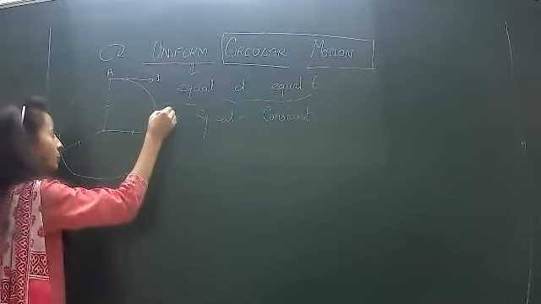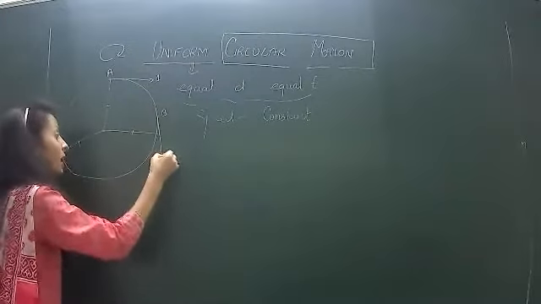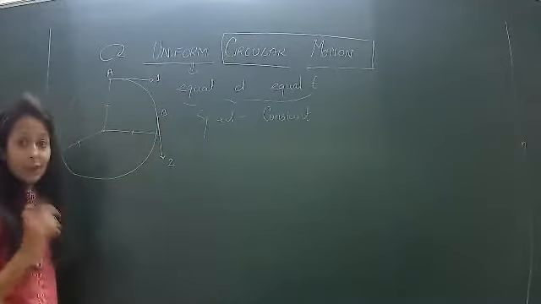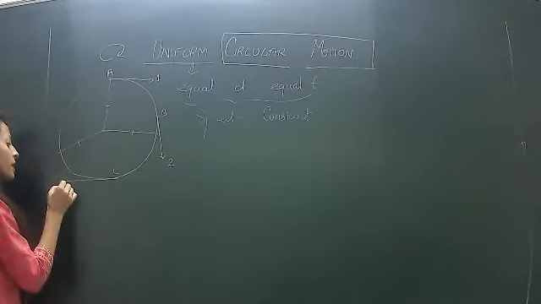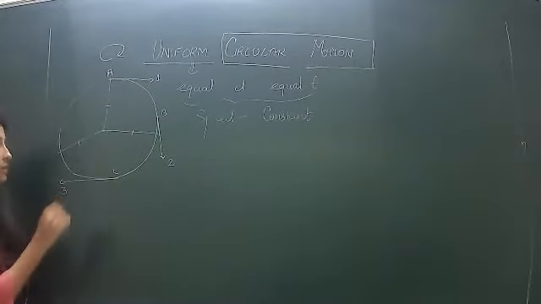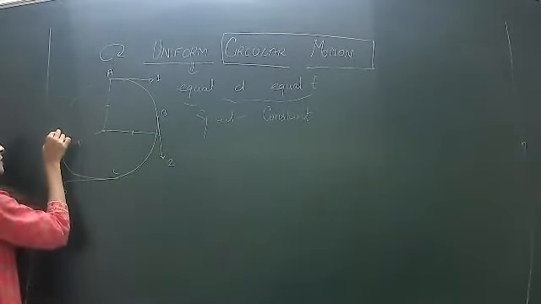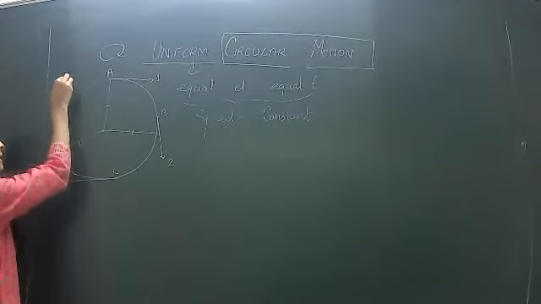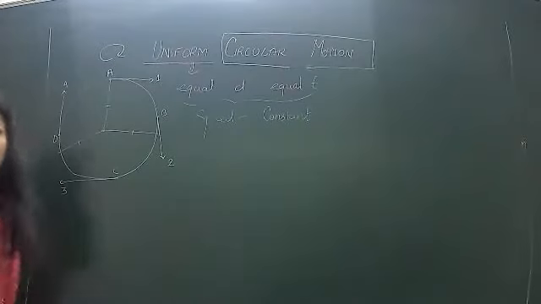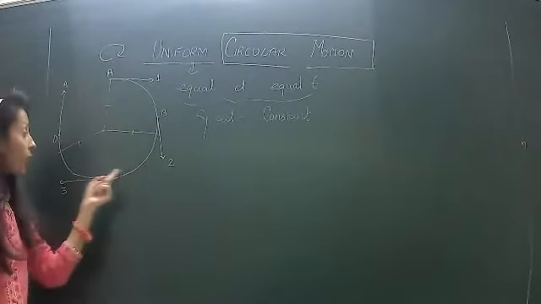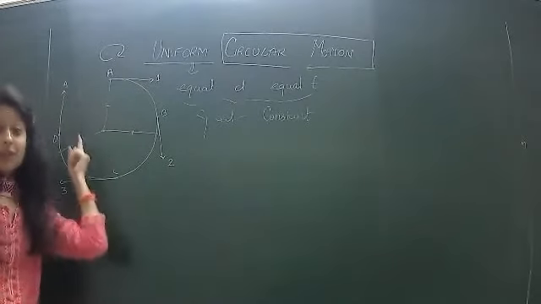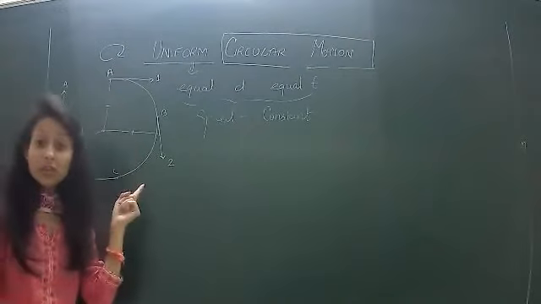Similarly, at point B, the tangent will be along direction 2, at point C along direction 3, and at point D along direction 4, which gives the direction of the particle. So at each and every point on this circular path, the direction of the particle is changing.